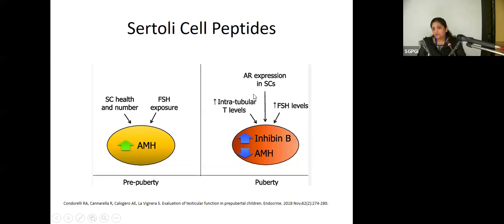In puberty, with the increased FSH levels, there occurs androgen receptor expression in Sertoli cells, and with increased intratubular testosterone levels, there will be a negative feedback mechanism on AMH, and the AMH levels will start decreasing, but the inhibin B levels will increase.